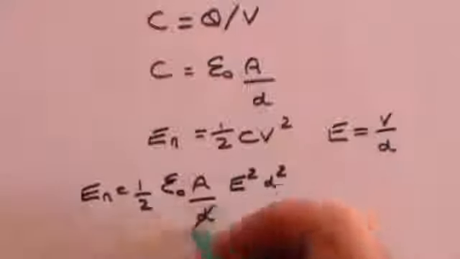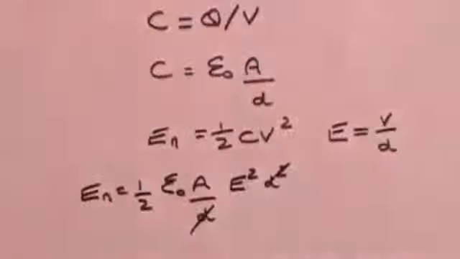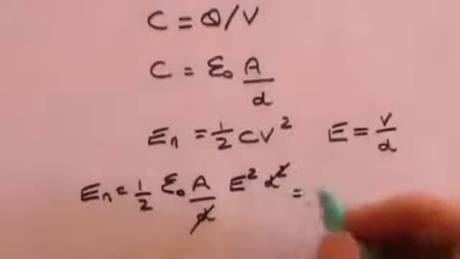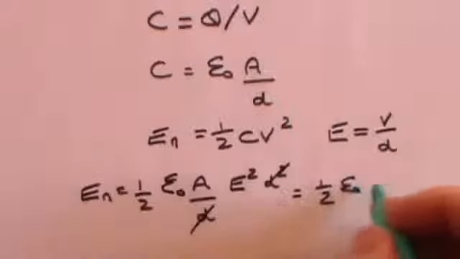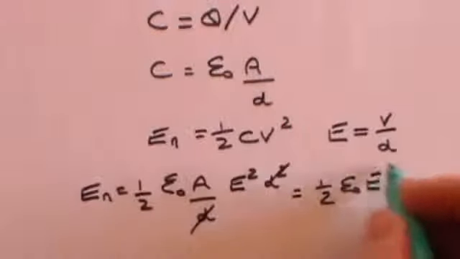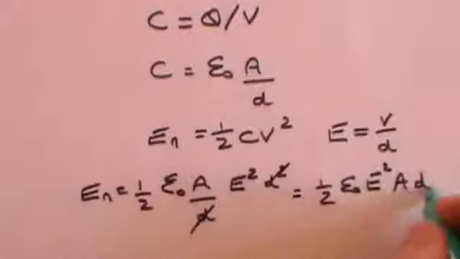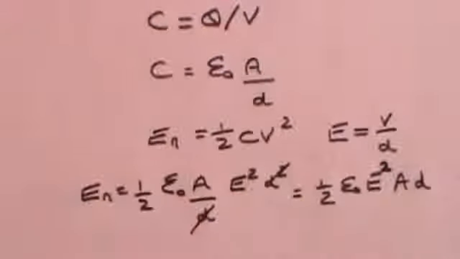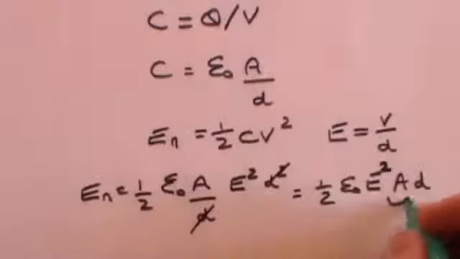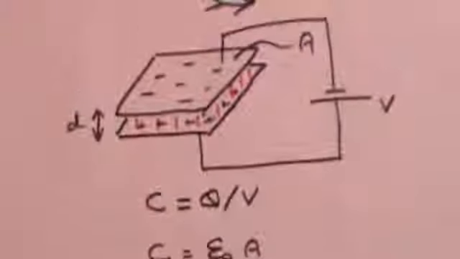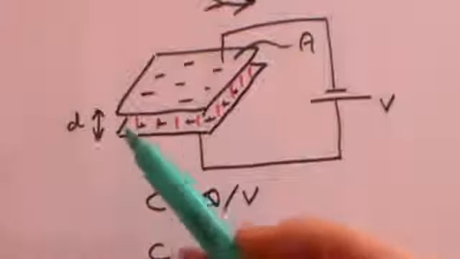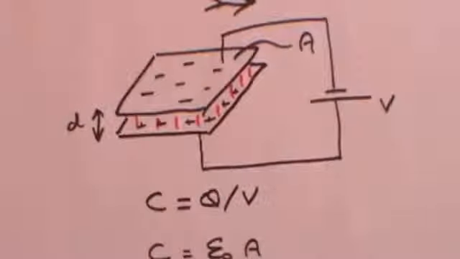And you'll notice that one of the d's cancels, and that's equal to 1/2 epsilon naught E squared times Ad. And Ad is the volume of the capacitor. It's the area times the distance. That gives you a volume term.